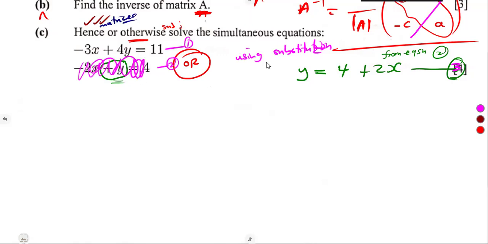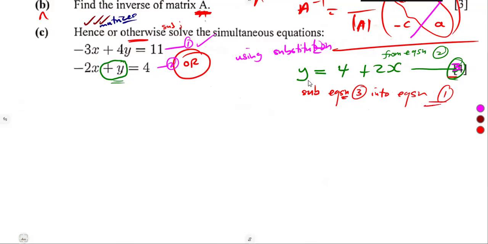You substitute in the other equation. If you made whatever that you made the subject in equation 1, you substitute in equation 2. But here we took it from equation 2. So we must substitute in what? Equation 1.